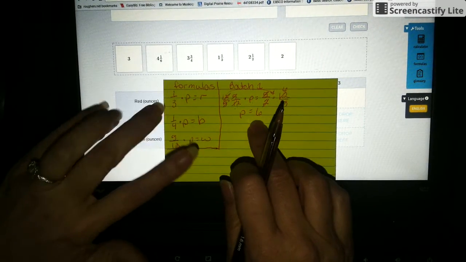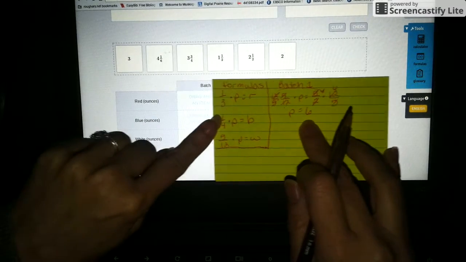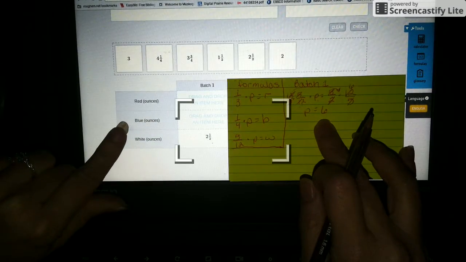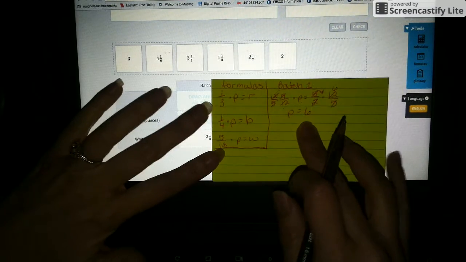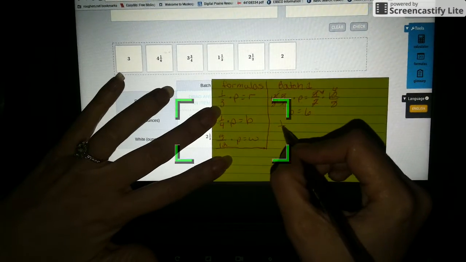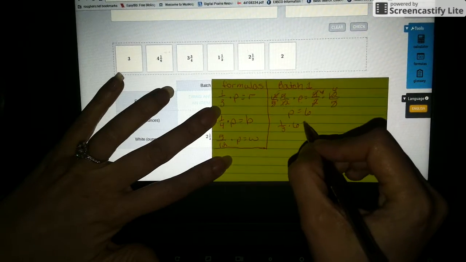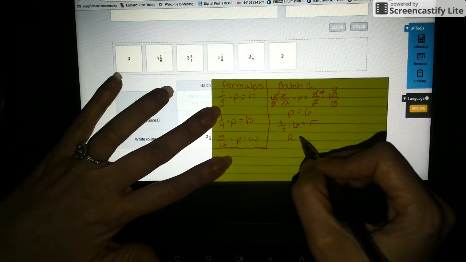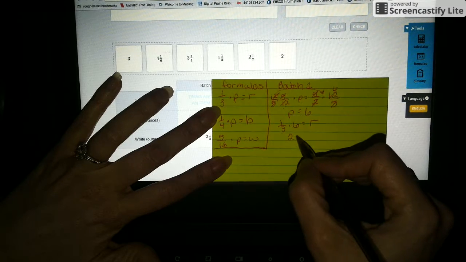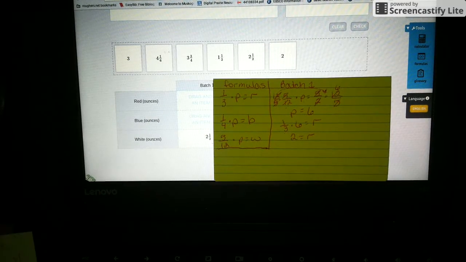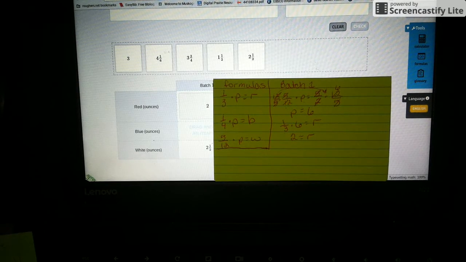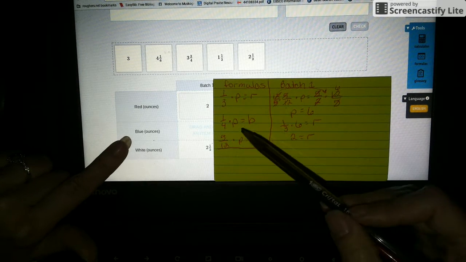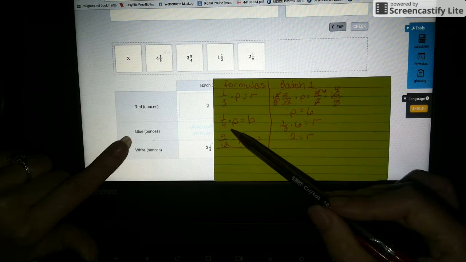Now I have to put this in to the other formulas to find out how much was red and how much was blue. So 1/3 of 6 equals red paint. What is 1/3 of 6? 2. 6 divided by 3 is 2. So my red paint for batch 1 was 2 ounces. Now my blue. I'm going to plug in 6 for my paint.